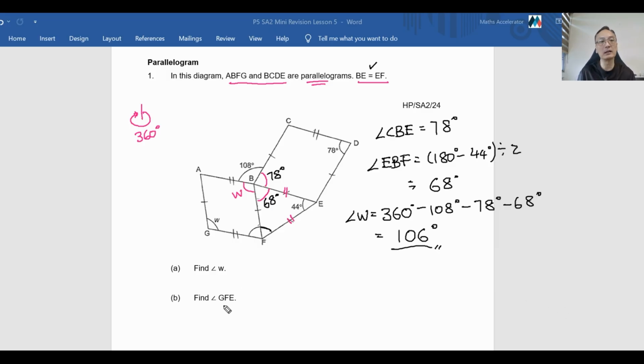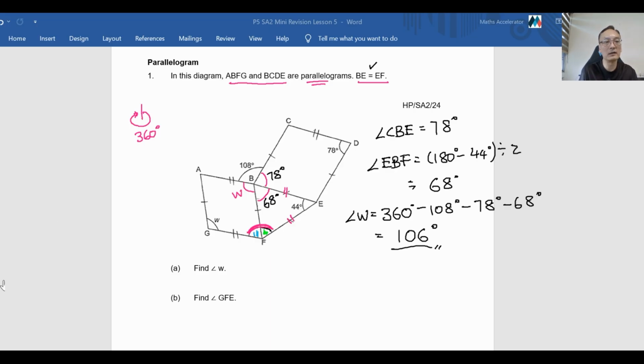Next, we have to find angle GFE. Let's identify where GFE is. GFE is this big angle here. Let me mark it out over here. Angle GFE consists of two angles. This one, which is angle BFG, and the other side, let me mark out in green, is angle BFE.